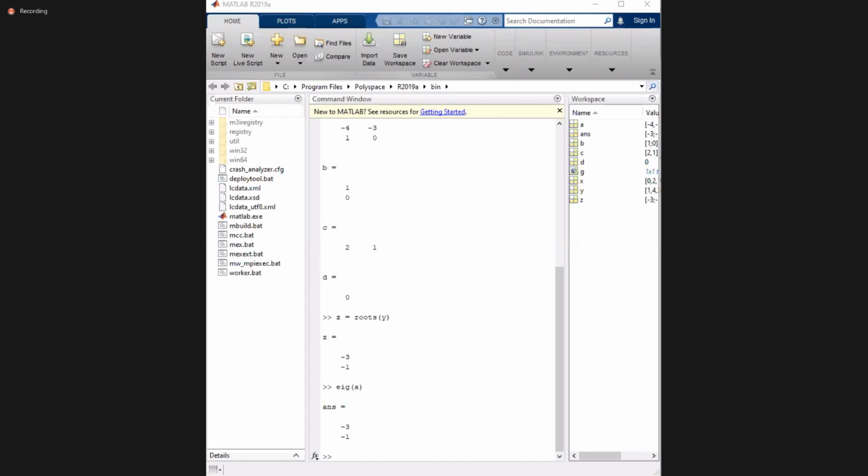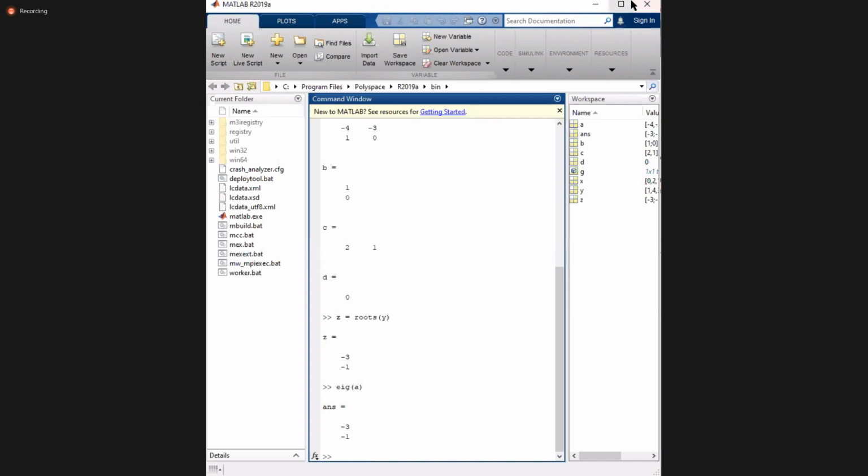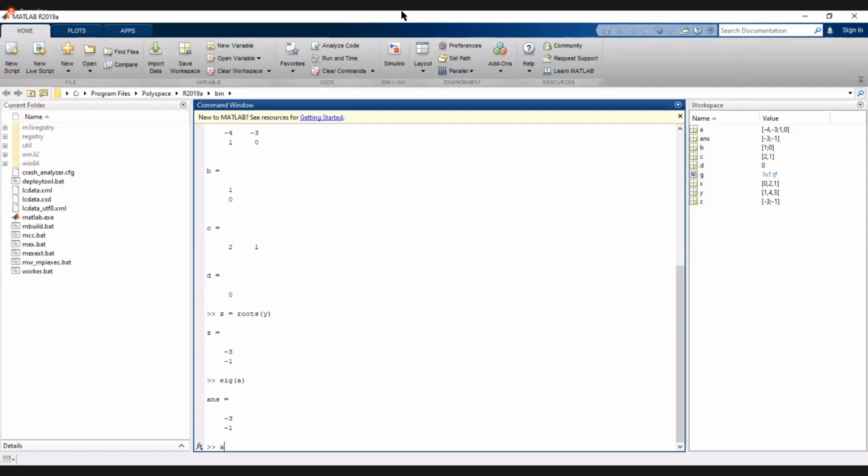And so we're going to type in the matrix A, which is 0, 1, 0, semicolon. Put a space between them.